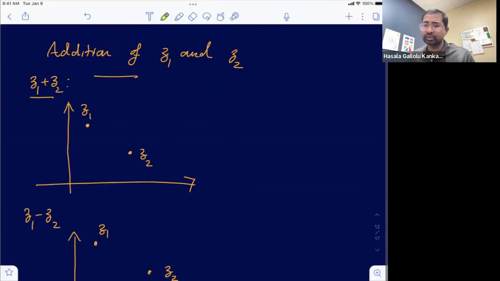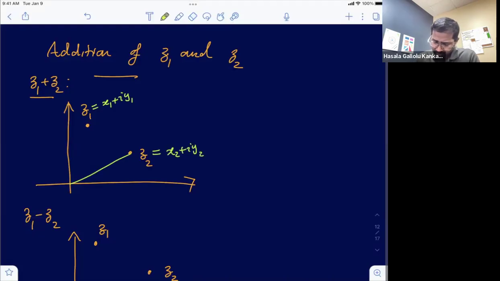Now let's look at the simple geometric properties, which we have already seen. However, we need to emphasize them in certain computations. So when it comes to the complex plane, now if you consider two complex numbers, I will indicate the first complex number by x1 plus i y1, and then the second one, x2 plus i y2.